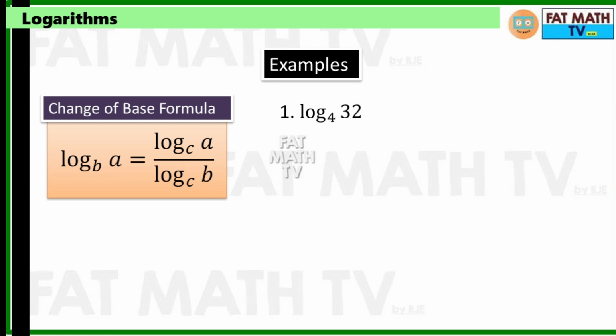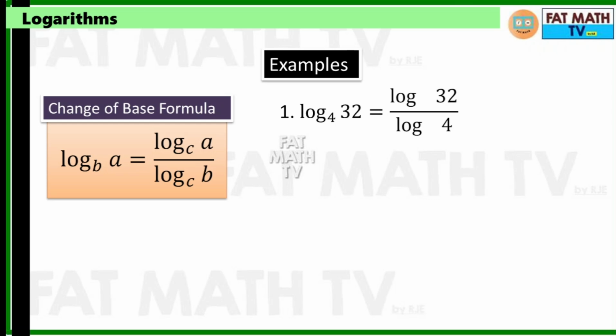At the first look, what should be the exponent of 4 to get 32? It might look a bit challenging, but if you use the change of base formula, it's easy. That will be logarithm of 32 divided by logarithm of 4. And it's up to you what base you will choose.